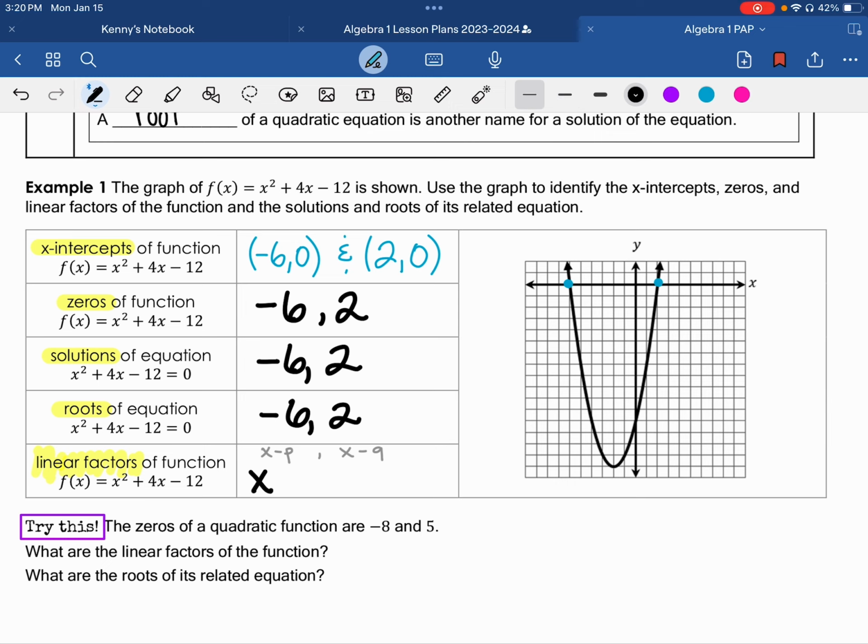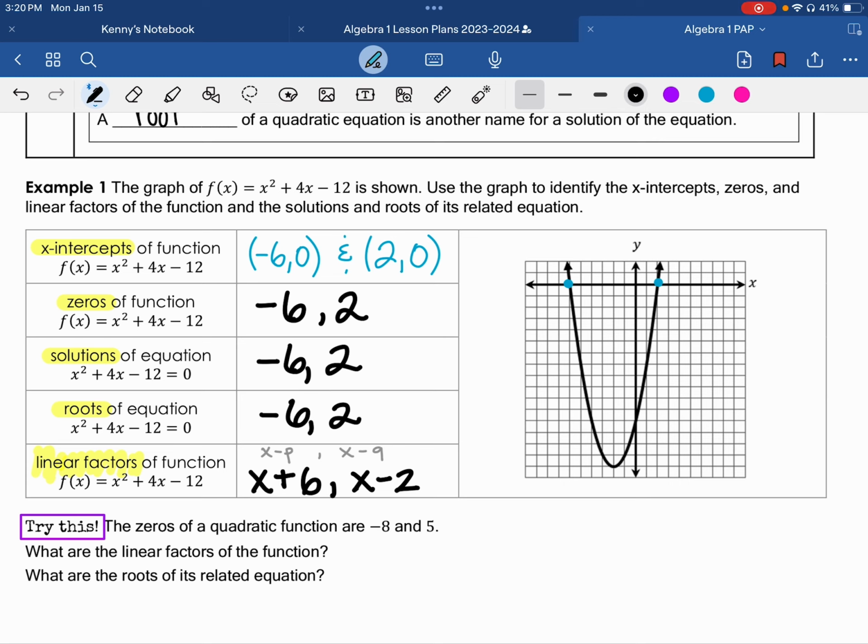So I'm going to end up having a double negative there with that -6. Remember, when I have a double negative like this, it's going to change to a positive. So when I do this, minus minus, I'm going to come back in and clean up my minus by making it a plus. And so there's my first factor, and then x minus 2.